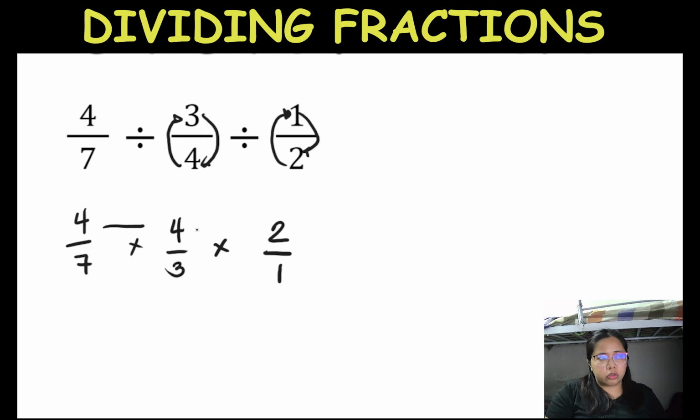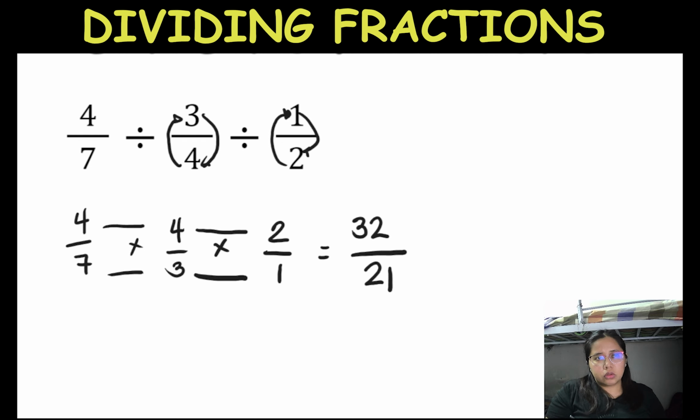So, numerator to numerator, denominator to denominator. Okay, so let's solve now. 4 times 4, 16, times 2 is 32. Okay, and then 7 times 3 is 21 times 1 is 21. Okay.